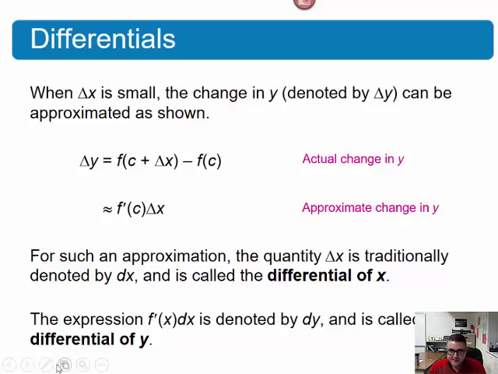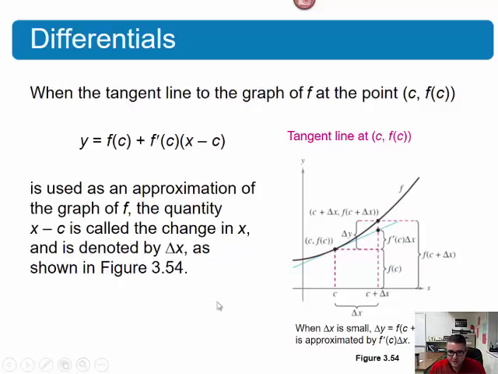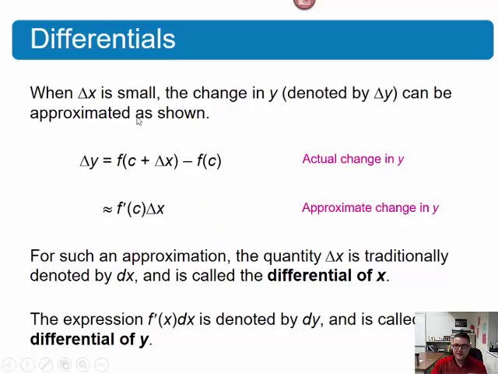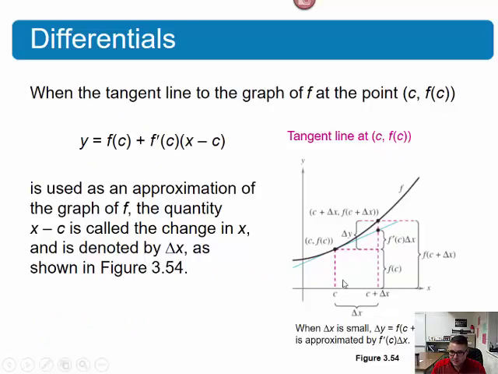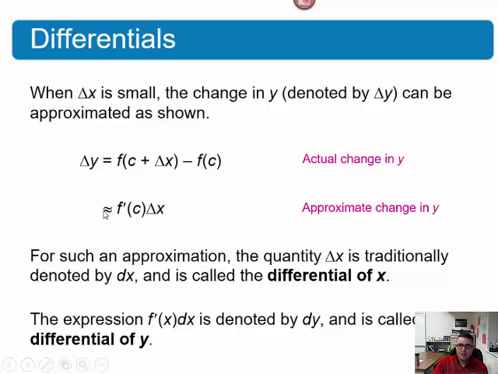Now, when delta x is small, the change in y will be denoted by delta y. And this can be approximated as shown. Delta y is equal to f of c plus delta x minus f of c, which you can see here from the diagram I put together, which is approximately equal to the derivative of c times delta x.